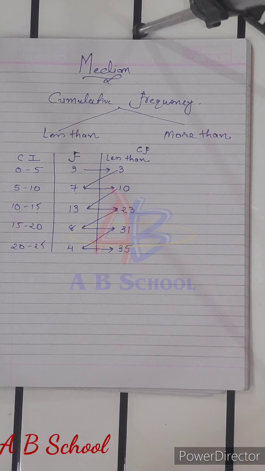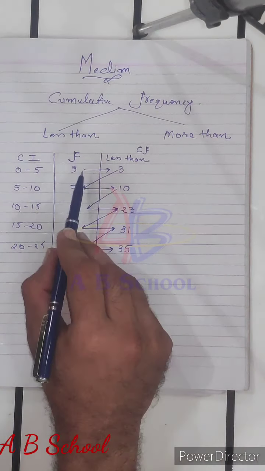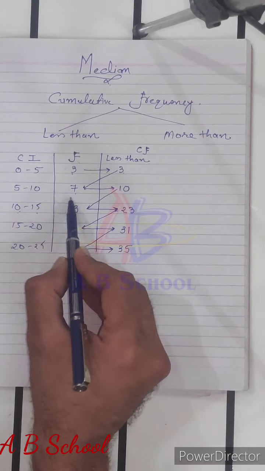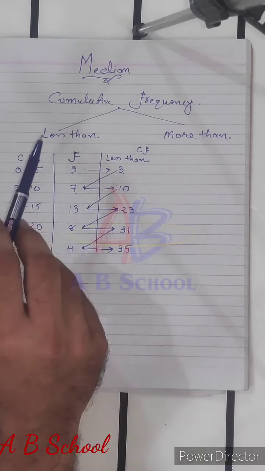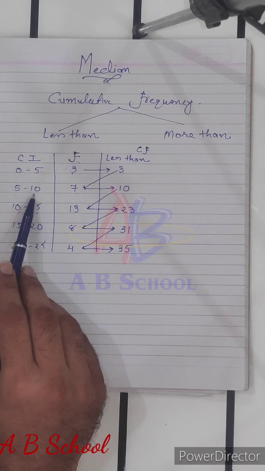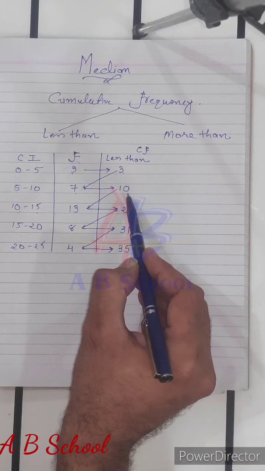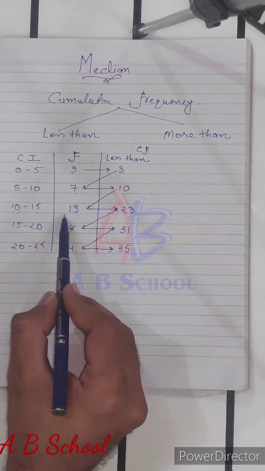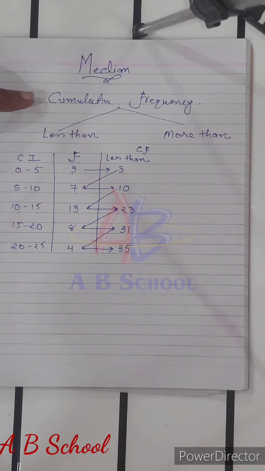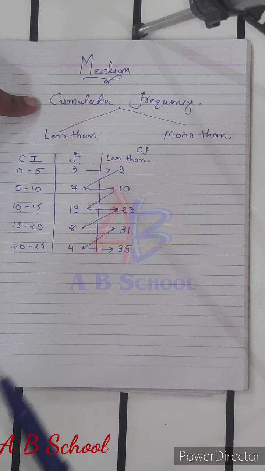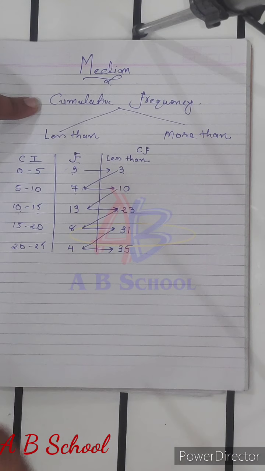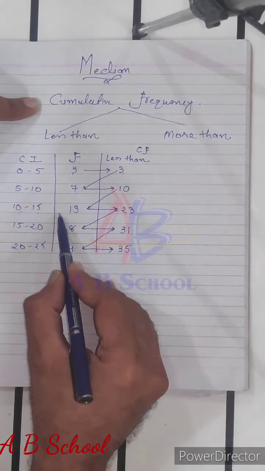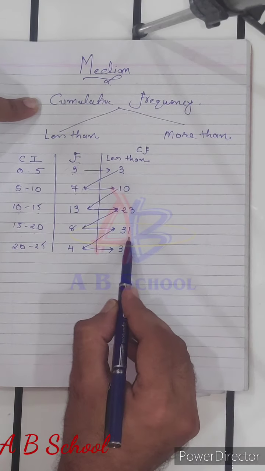So now what basically is cumulative frequency? Cumulative frequency means the sum of all the frequencies till that class. For the first class it is this one, then for the 5 to 10 class, the frequency is 3 plus 7, that is 10. The cumulative frequency of the 10 to 15 class means addition of all the frequencies till that class, and for 15 to 20 that is 31.